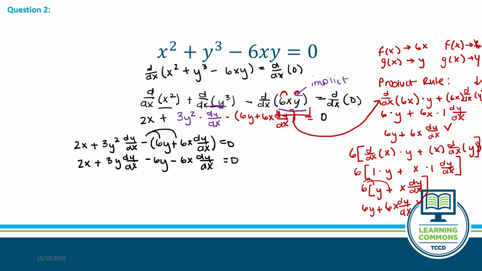Okay, so now we are at the final step of just moving everything to one side and having dy/dx on the other. So I'm really quickly just going to do the algebra of that. Plus 2x plus 6y. Oh my goodness, my pen is out of control.